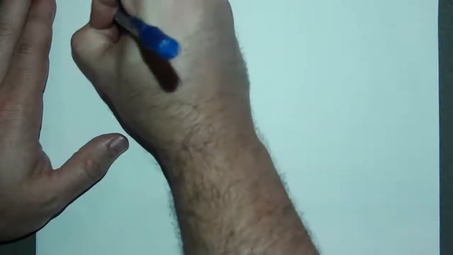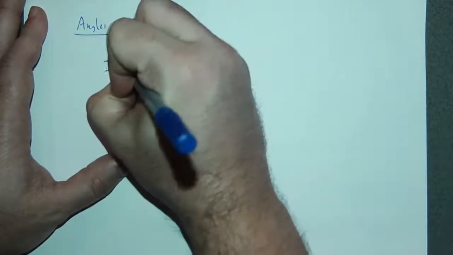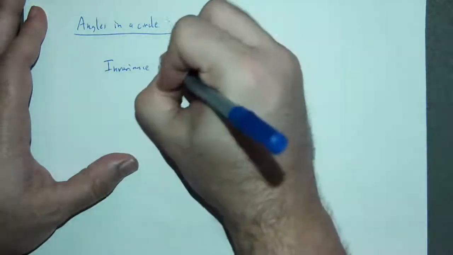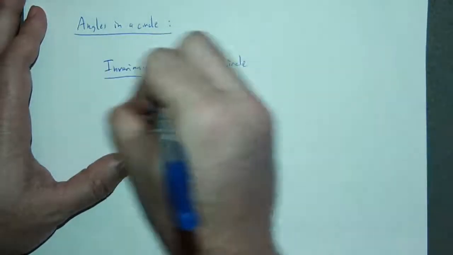So next thing I want to talk about are angles in a circle. Okay. And so what do I mean by this? What's the main thing I get out of this? So the first thing I want to mention is the invariance of angles in a circle. I'm going to use the word invariance a lot in this course, so you'll see exactly what I mean in this context.